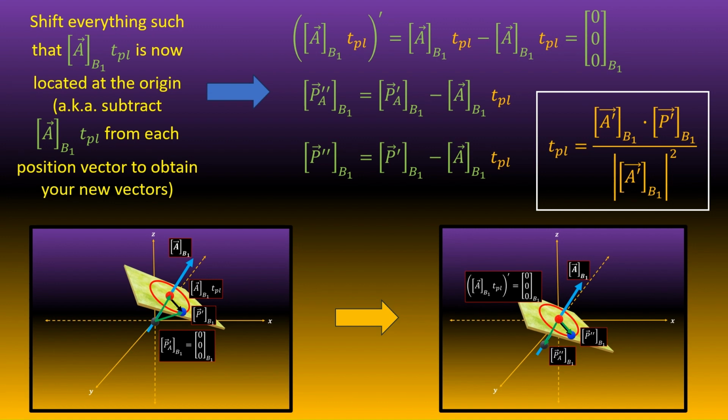And as you can see, your A TPL is located at the origin now. So effectively, we've shifted this entire setup to the origin such that the red ball is located at the origin.